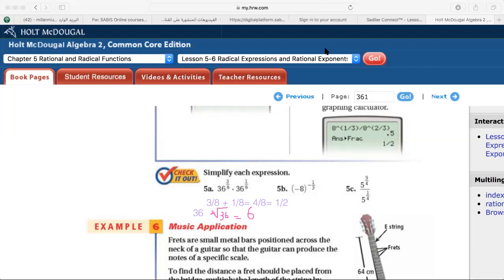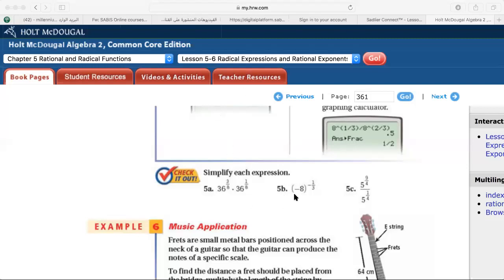Okay, girls. 5b, negative 8 to the power negative 1/3. So I am going to distribute the power: negative 8 has a power of 1, so it will be negative 8 to the power negative 1/3. It will remain the same.